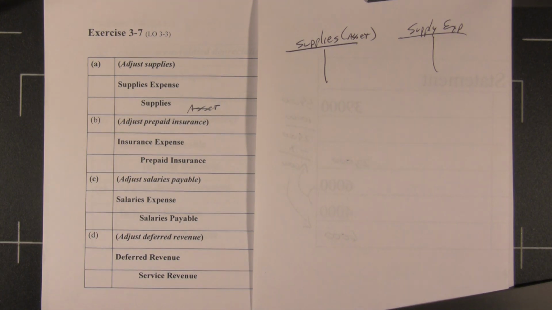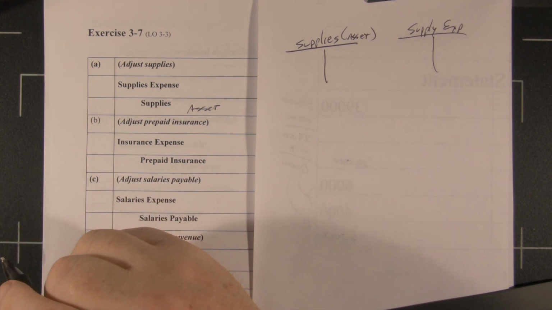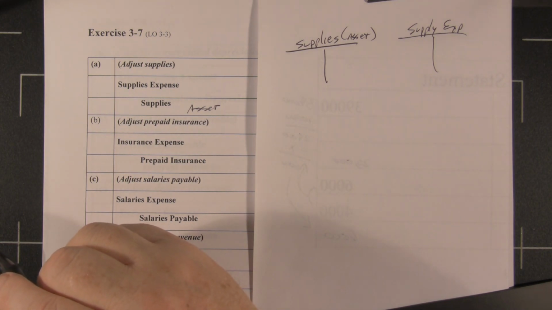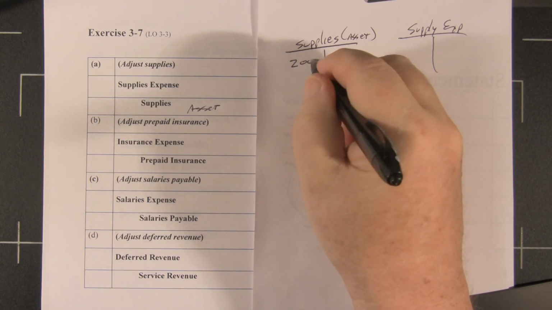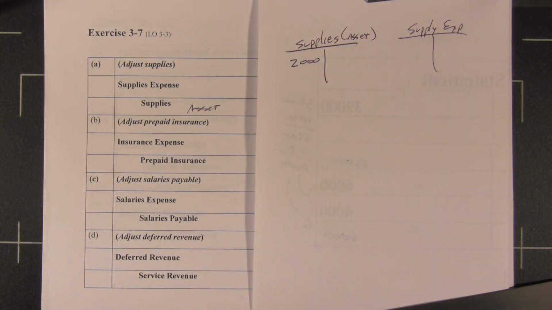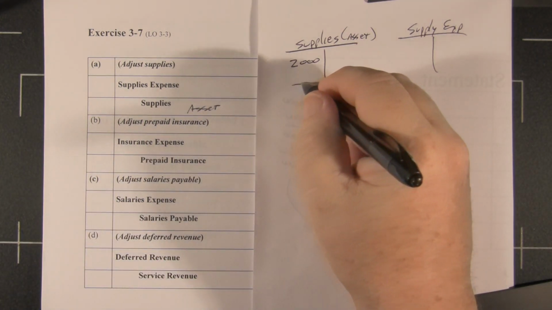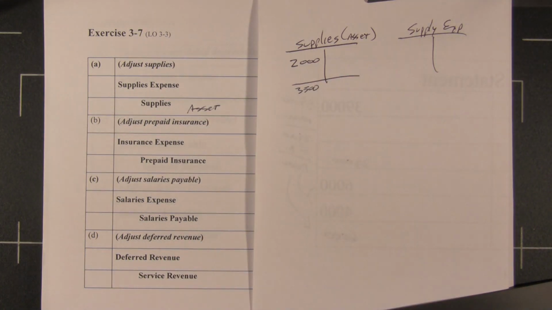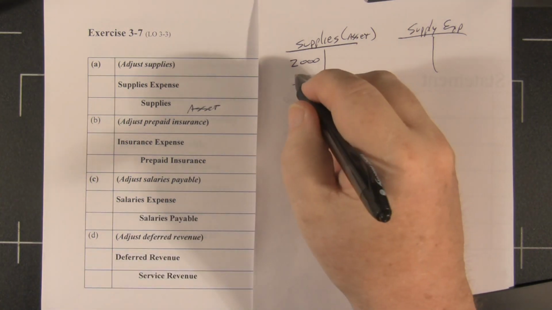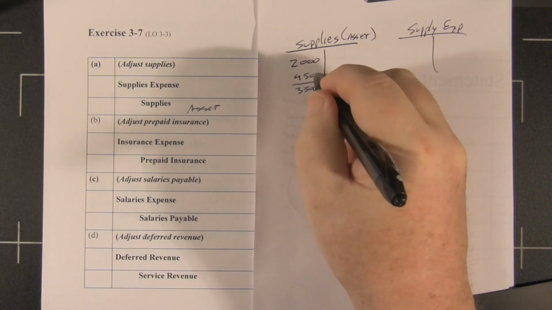So, our supplies at the beginning of November were $2,000. Our supplies at the end of December were $3,500. And during the month of December, we bought $4,500 worth of supplies.